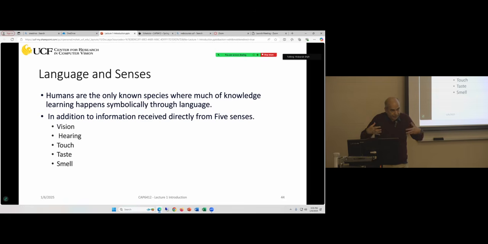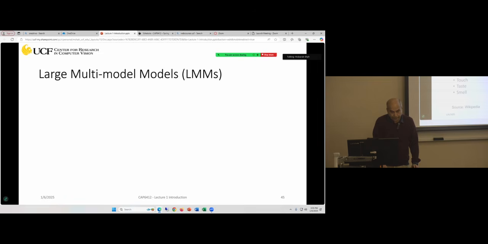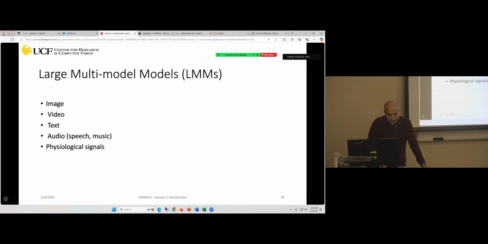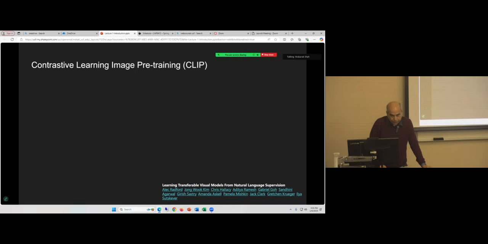And language is not enough. We use all of those to survive. So now, the large multimodal model, LMM, can handle image, video, text, audio, and physiological signals like heart rate and all those things, and so on.